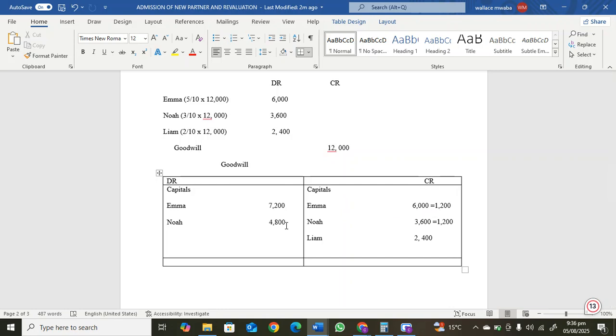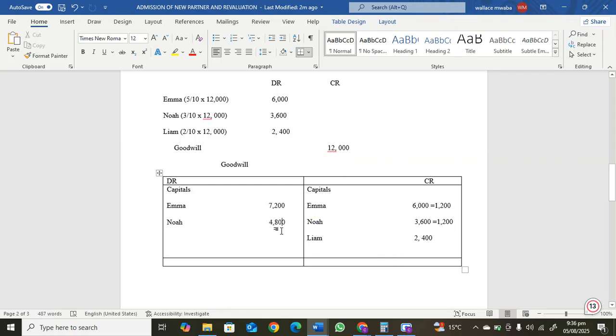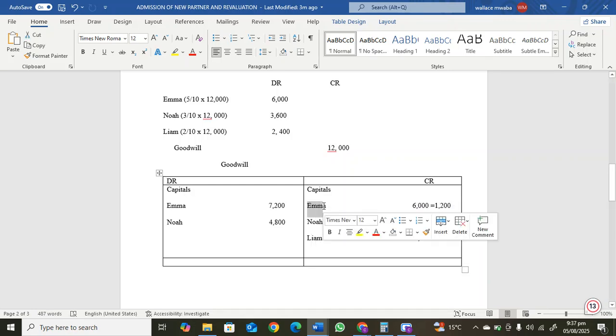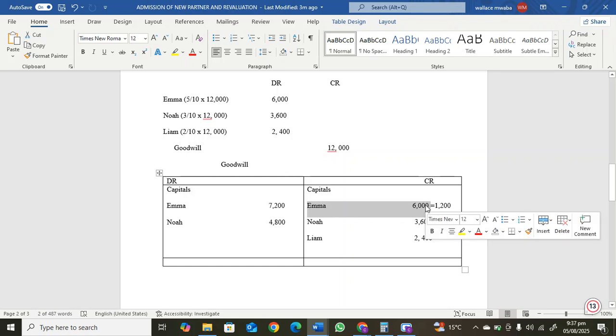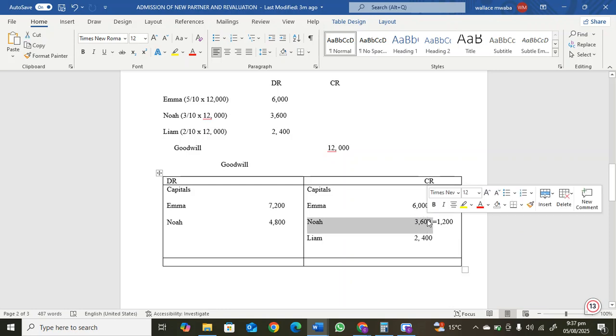Emma entitled to 7,200, Noah 4,800. Just hold on. Now, Liam has come in, and you've seen we've shared the goodwill with the new ratios. So with the new ratio, Emma is now entitled to 6,000 kwacha of the goodwill, and Noah is entitled to 3,600.